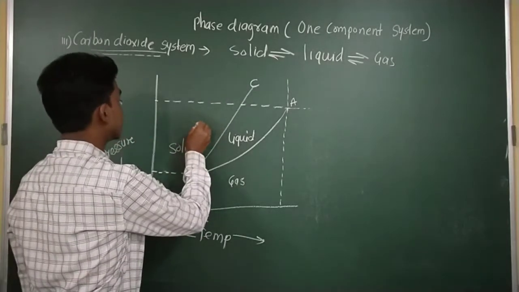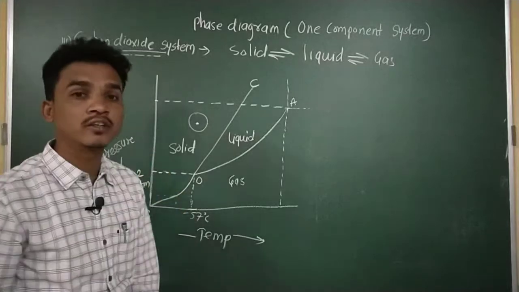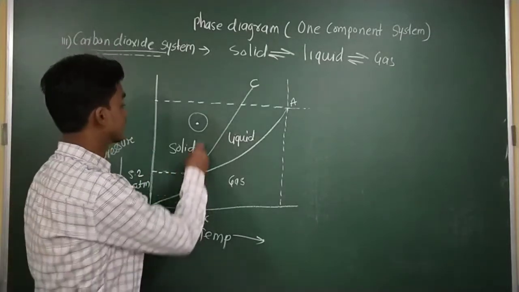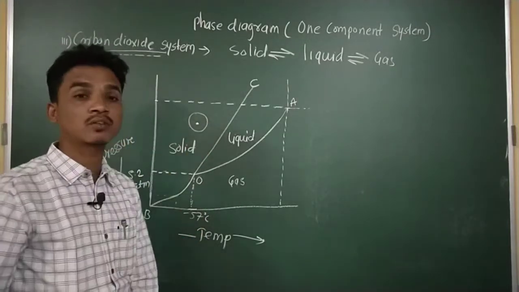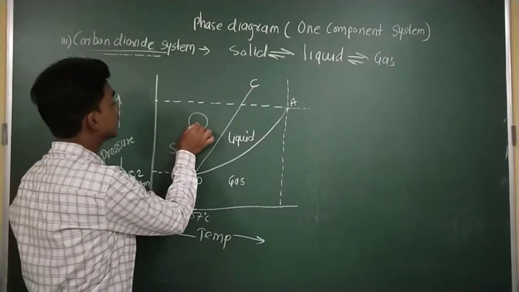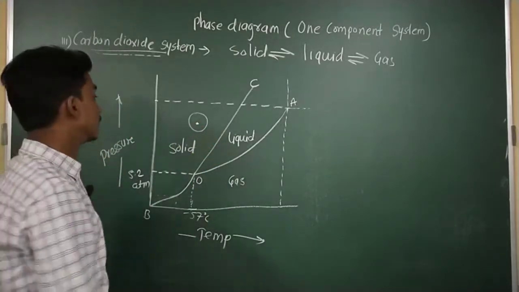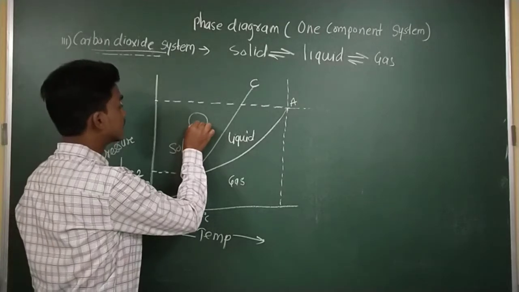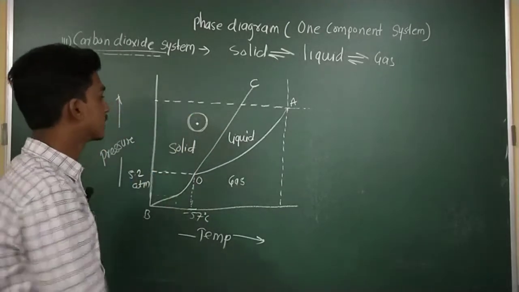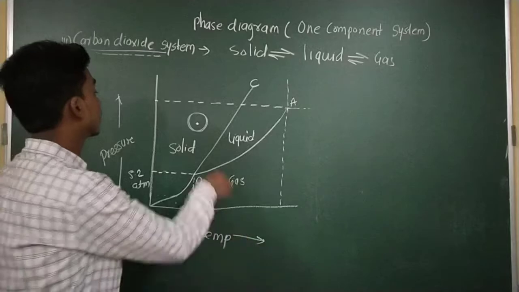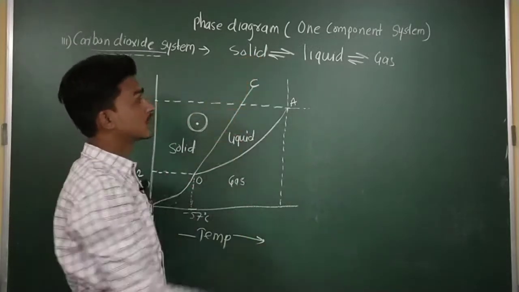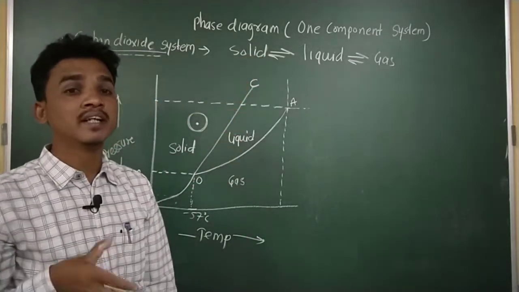At that point only solid carbon dioxide molecules exist. If I collect a sample from these points, I will get only solid carbon dioxide.